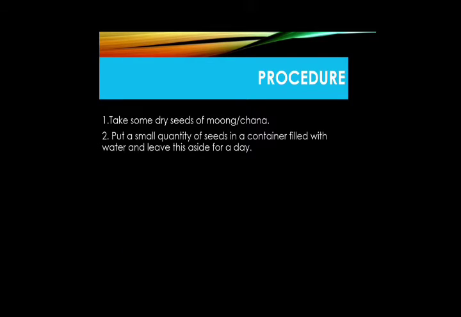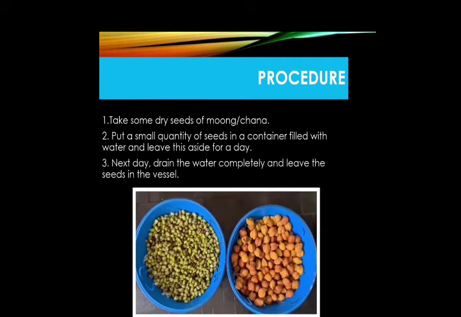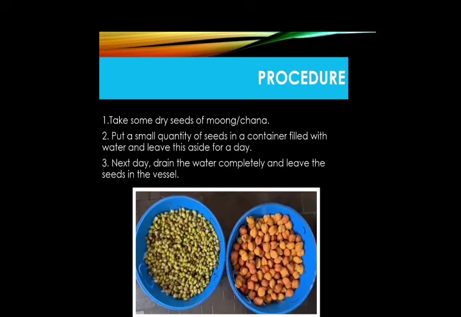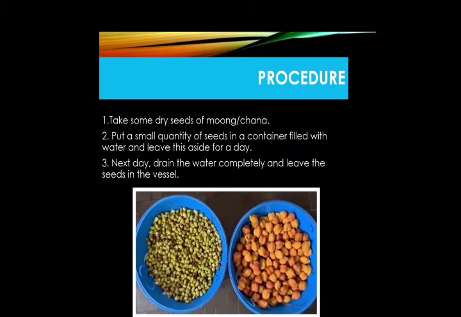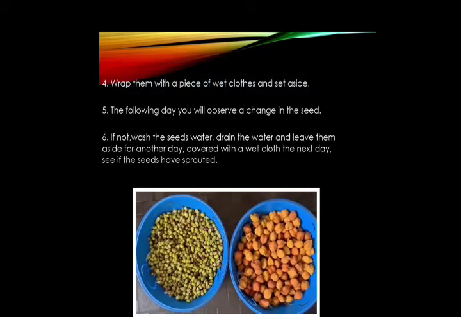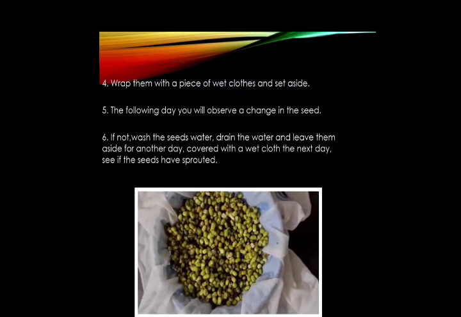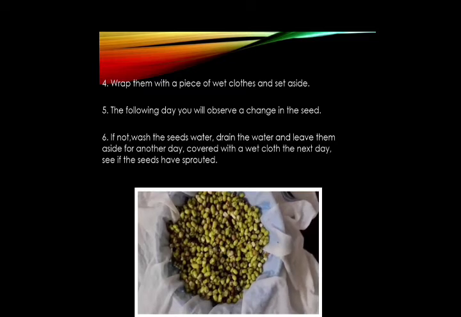The next step: the next day, drain the water completely and leave the seeds in the vessel. Then wrap them with a piece of wet cloth and set aside, like this.